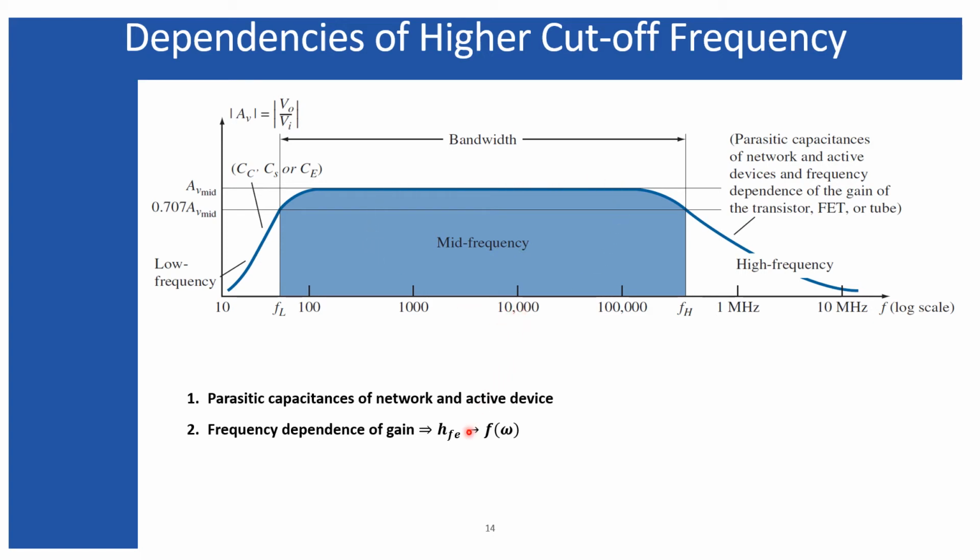That is why I assumed HFE as a constant. But right now, since we have to consider the higher cutoff frequency, we must consider the exact expression of HFE, which depends on the frequency.